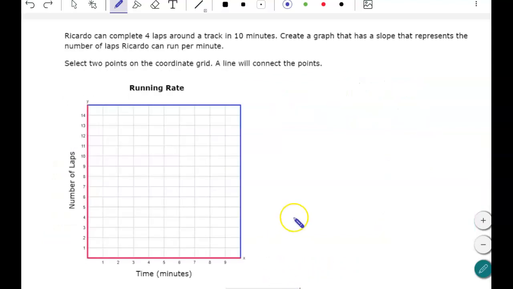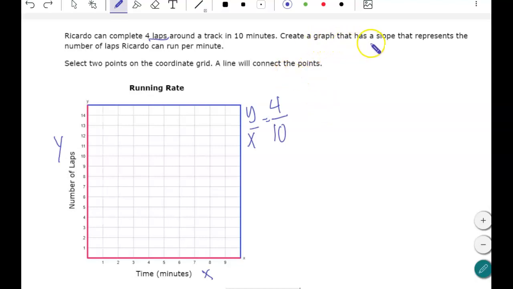All right, next question. It says Ricardo can complete 4 laps around a track in 10 minutes. So here's the time. The time is your x, and the number of laps is your y. So 4 laps in 10 minutes, this is what it would look like for the y over x. Remember, we have to set that up as the change in y with the change in x.